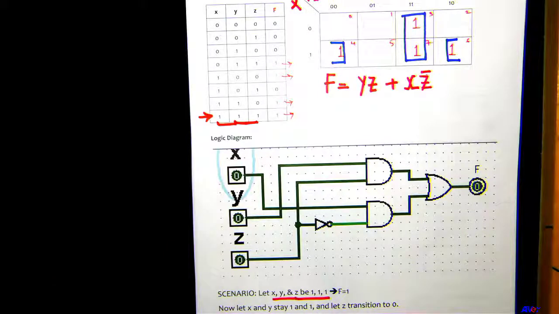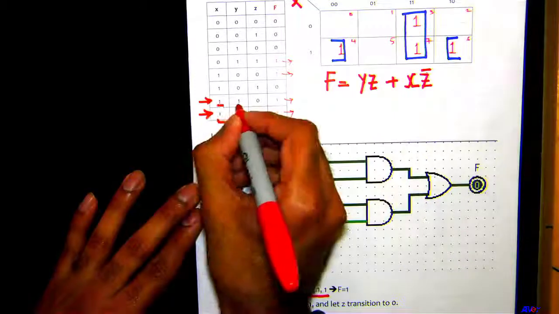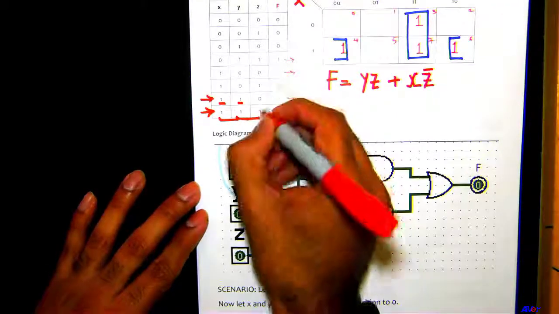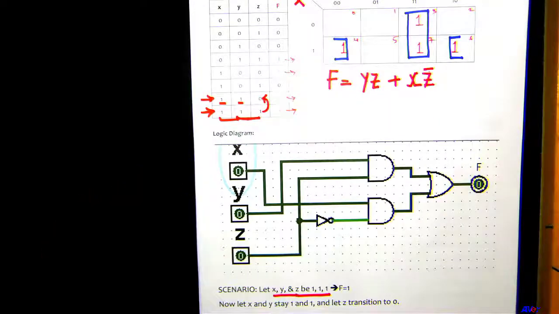Now, what's going to happen? X and Y stay 1, and let Z transition to 0. So X and Y remain the same. Z changes from 1 to 0, right? And you would think F will still remain 1, right? Because the output for that is also 1 in the truth table.